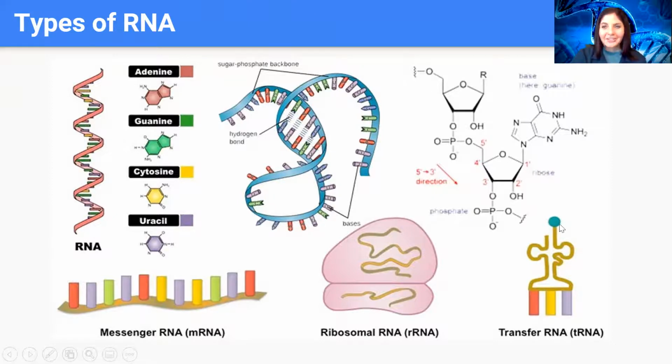It also carries with it an amino acid. So each of those transfer RNAs will come to the ribosome. The messenger RNA strand will be in the ribosome, and those transfer RNAs are going to drop off their amino acids. When that's occurring, there are going to be peptide bonds that form between each of those amino acids, forming a fully functional protein.